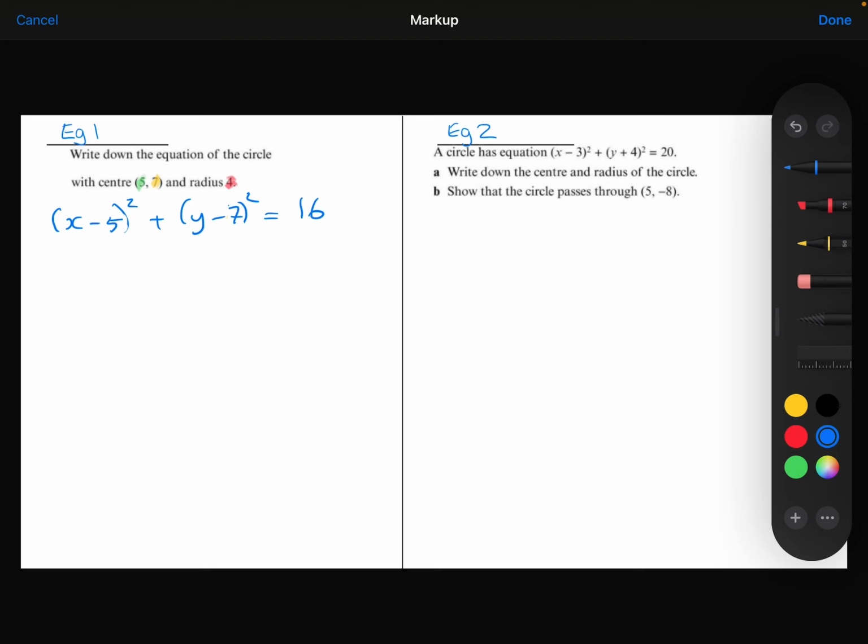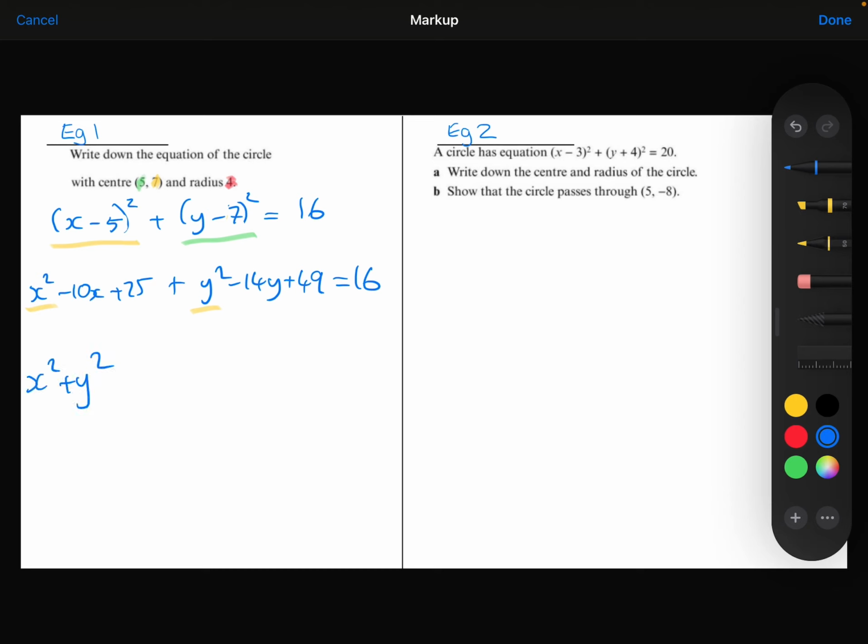Now, sometimes we might be asked to expand those brackets out and simplify. So if we expanded those brackets, we would have x squared minus 10x plus 25. Then with the second bracket, we would have y squared minus 14y plus 49 equals 16. And then we could put the squared terms at the front, the x squared and the y squared.